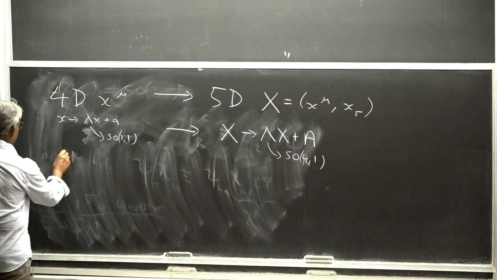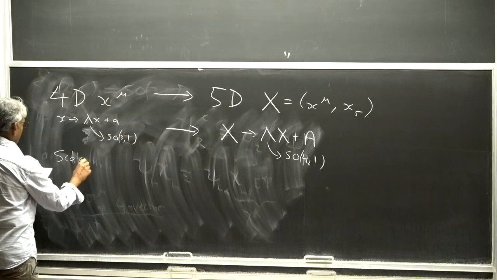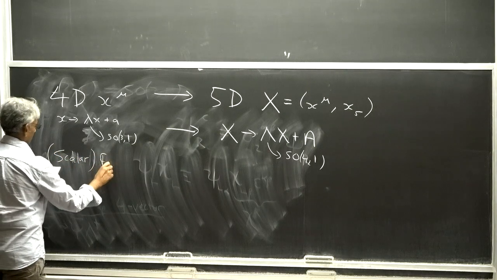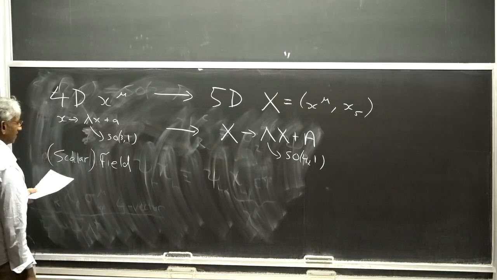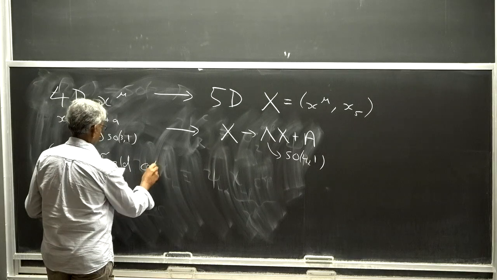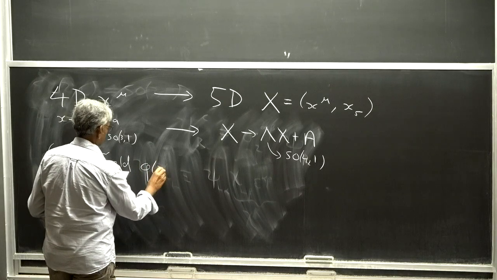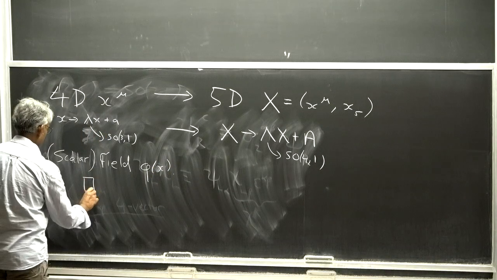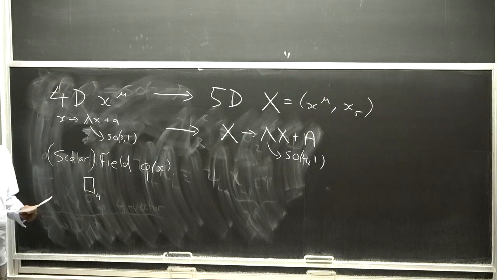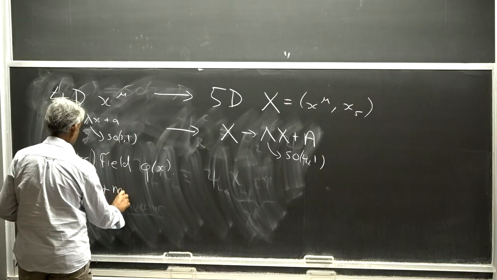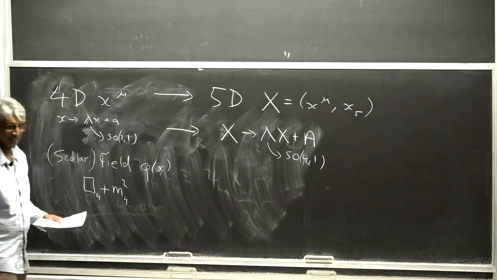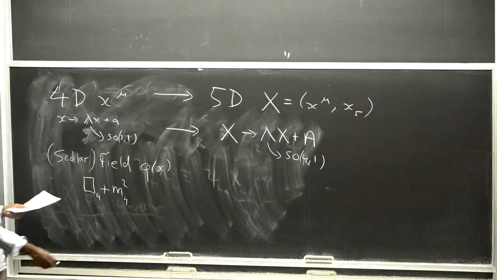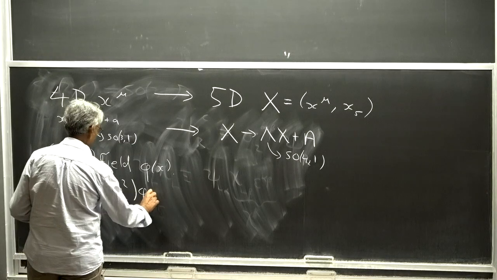Okay, so simple things, scalar. So the simplest field in 4 dimensions, phi of little x, satisfies an invariant equation, which is the D'Alembertian, which I'll put a 4 there because we're going to extra dimensions, D'Alembertian plus m squared, of phi equals 0.